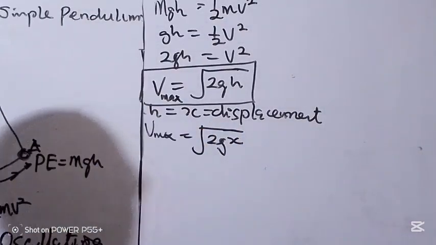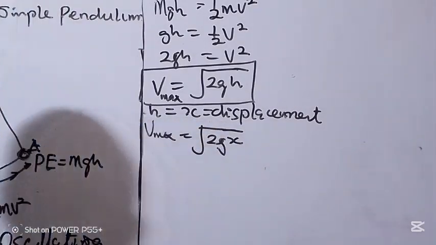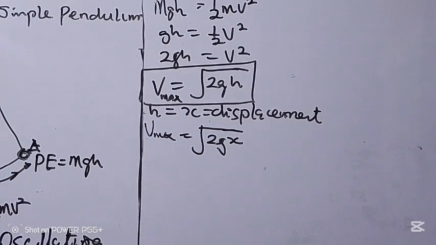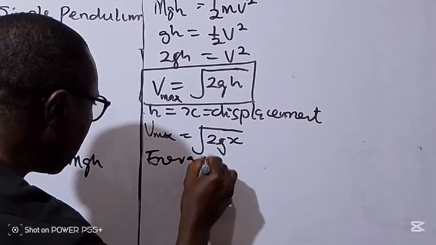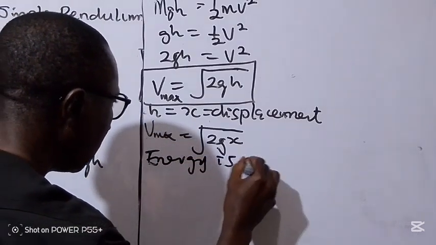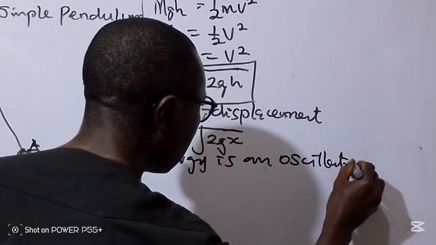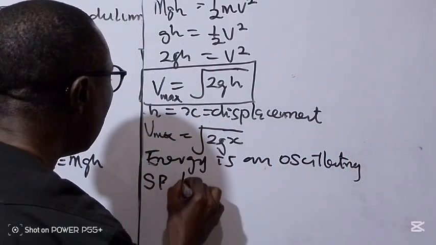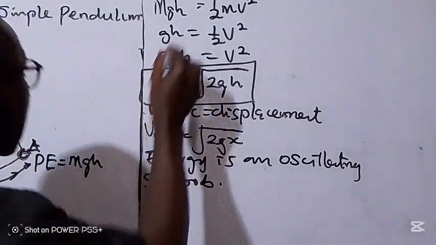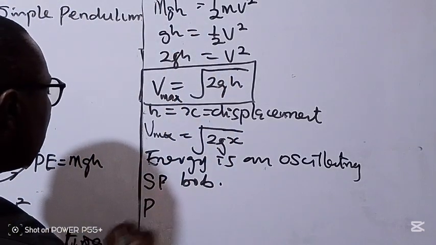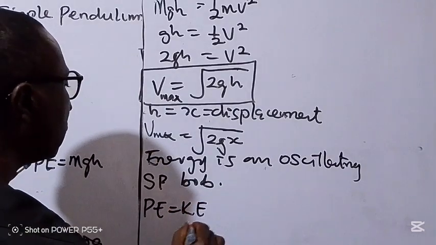Find the energy conserved in an oscillating simple pendulum bulb. We said already that PE is equal to KE, which is equal to half mv squared.